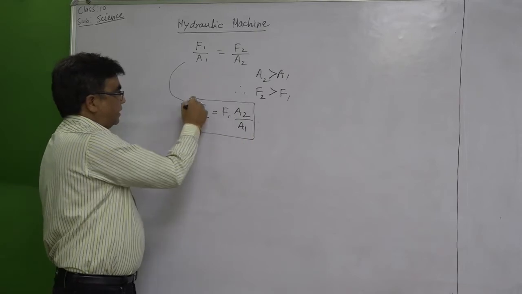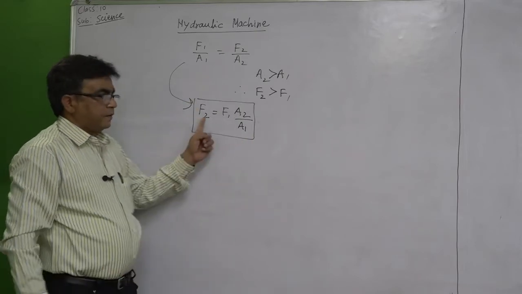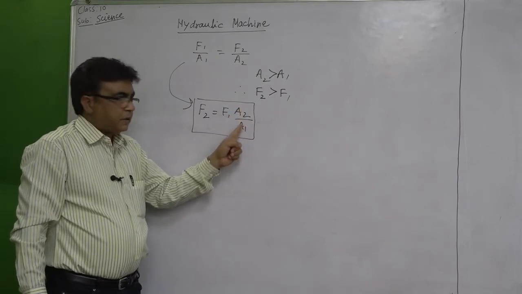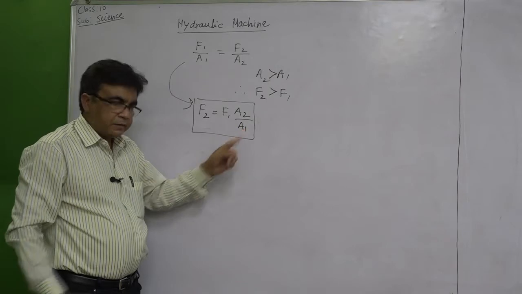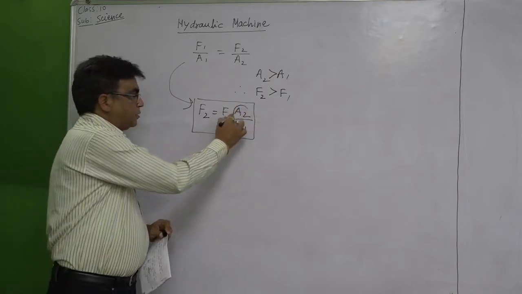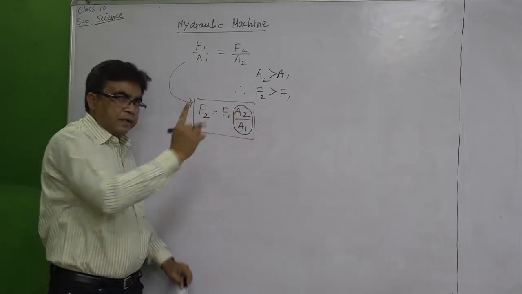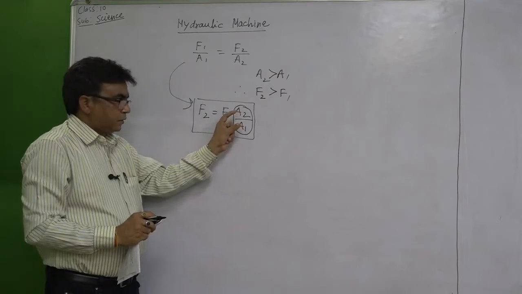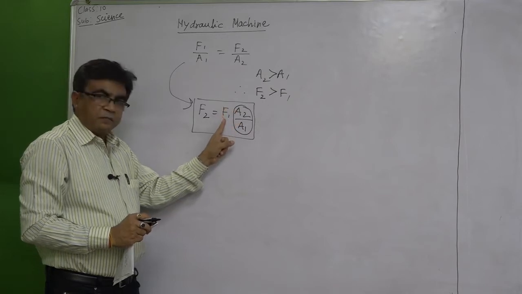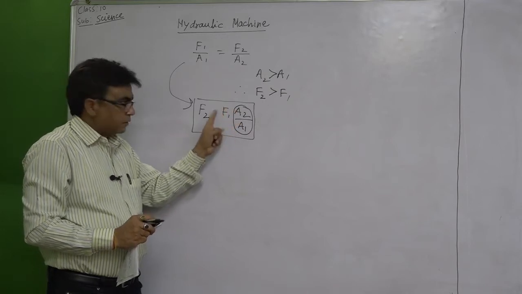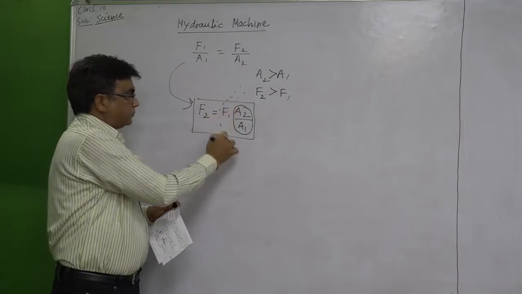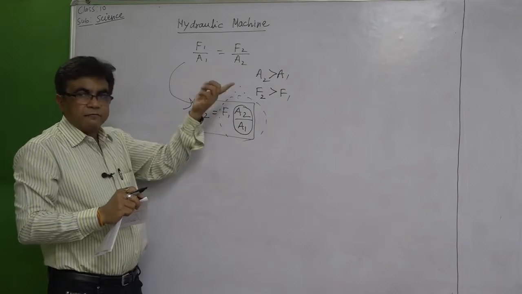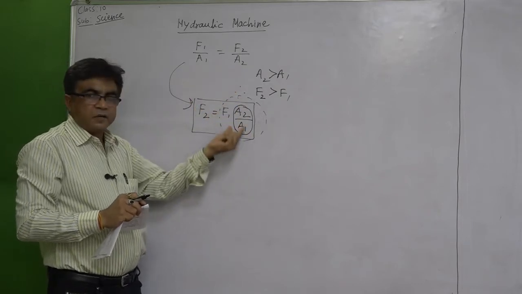It clearly says that because A2 is greater than A1, the value A2 upon A1 is greater than 1. When this is multiplied by F1, the whole value becomes greater than F1.